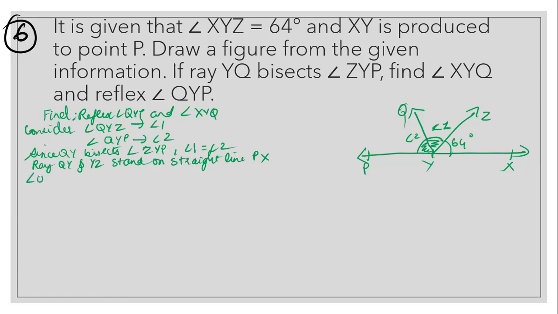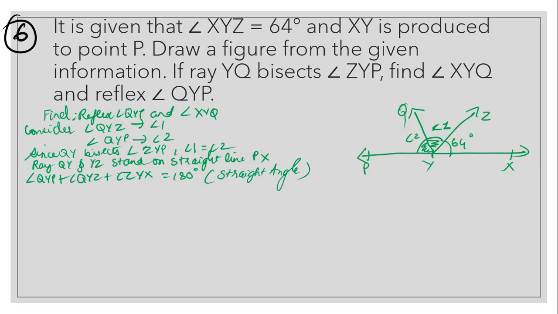Let's say angle QYP plus angle QYZ plus angle ZYX is equal to 180 degrees. Fine. Why? Because it's a straight angle.